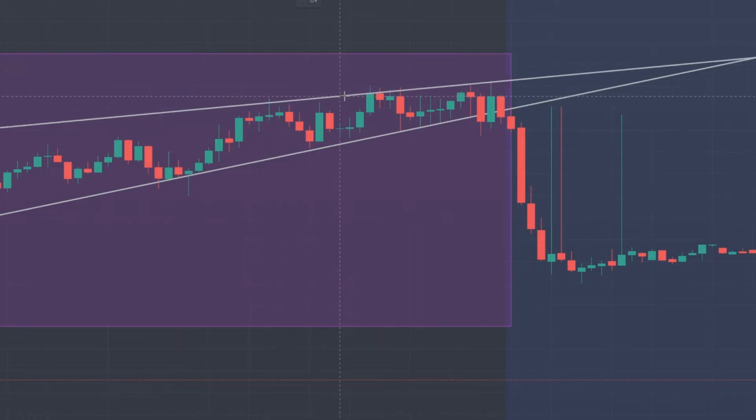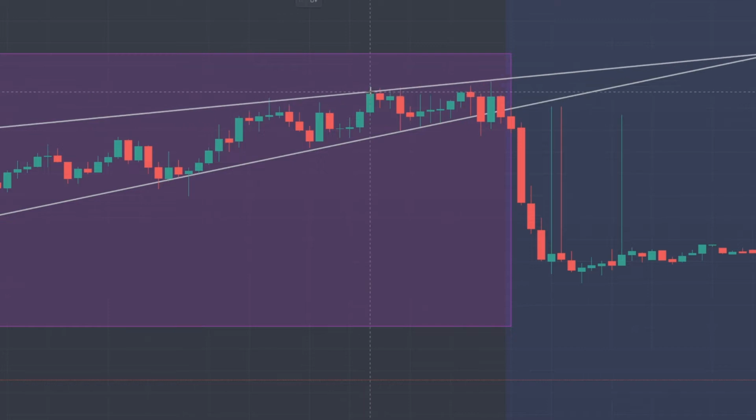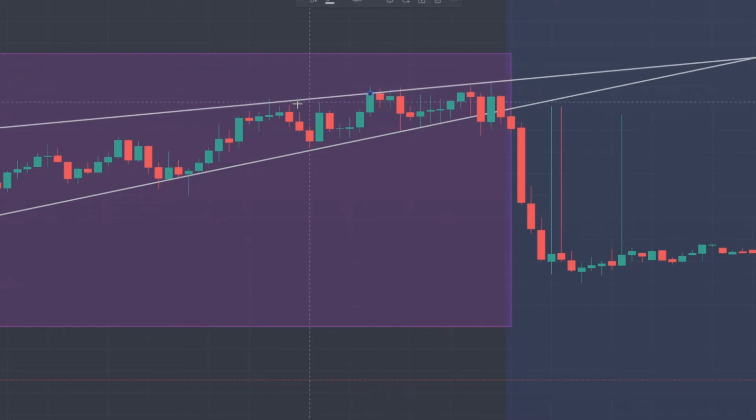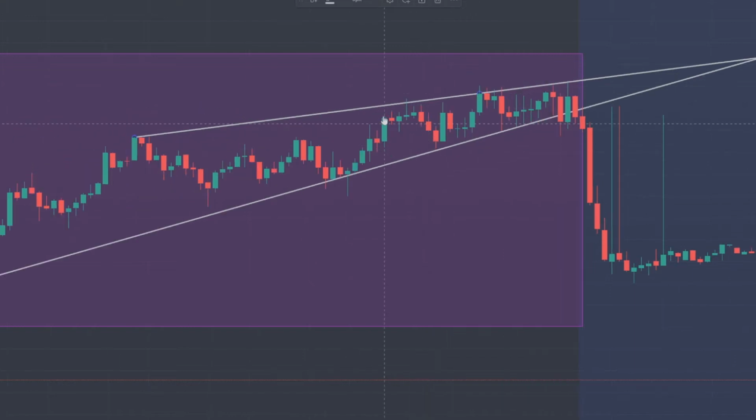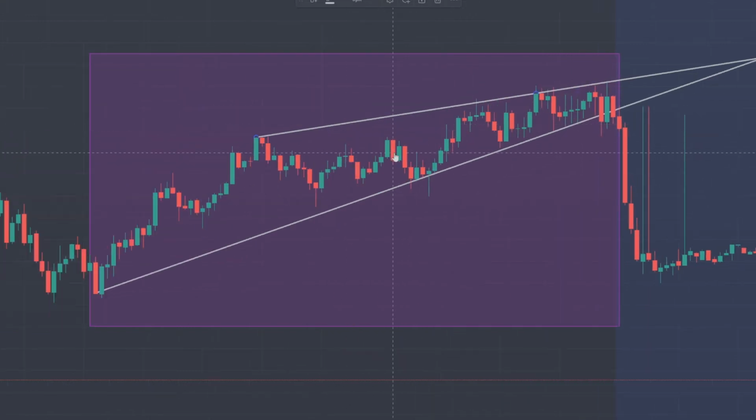If I lower it, however, going through the body of this candle or the top of the body of this candle, we touch a lot more candles. This would be a more accurate trend line. And now we have drawn the correct support and resistance trend line on a small time frame.